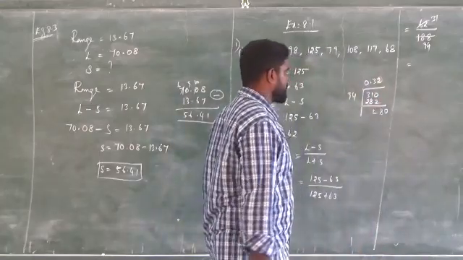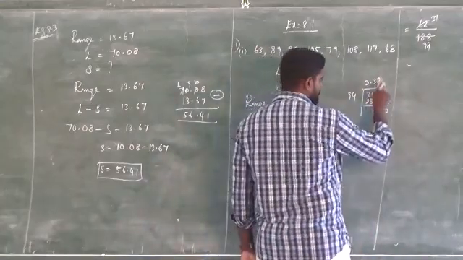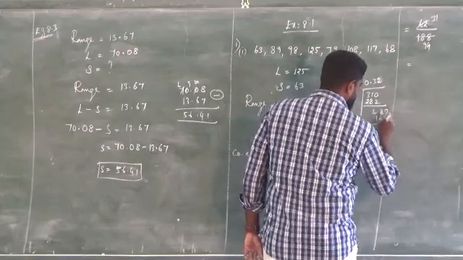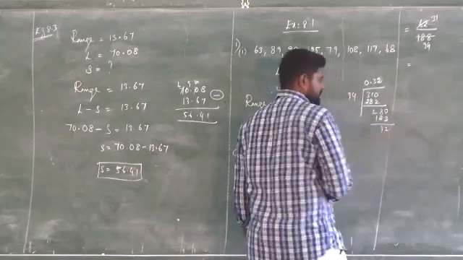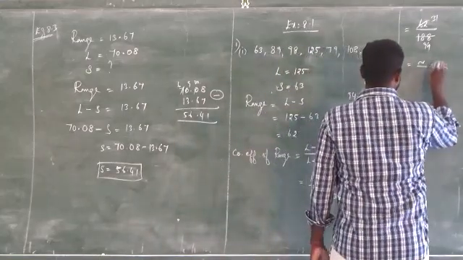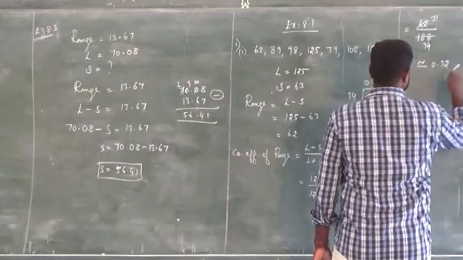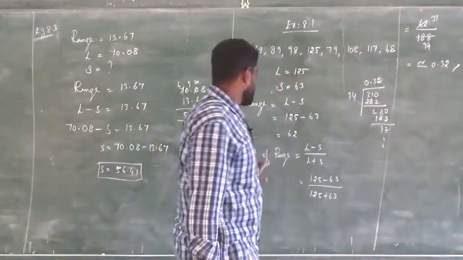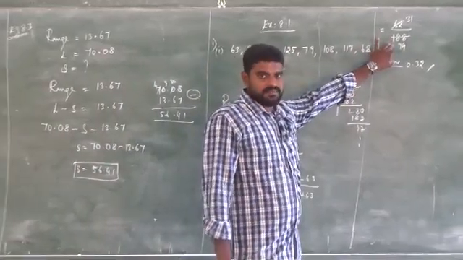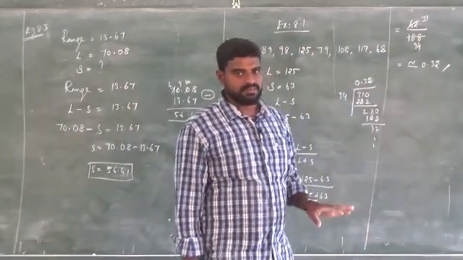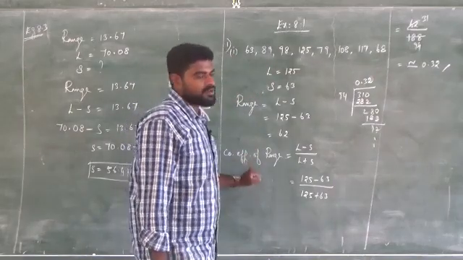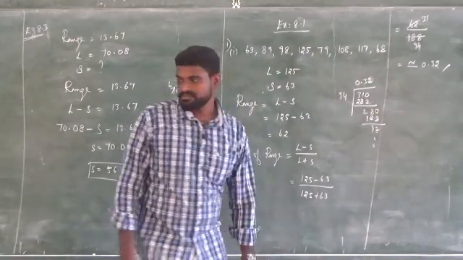So approximately it becomes 0.32. 2 4s are 8, 2 9s are 18, so it goes on. Approximately we can write 0.32. You know that for coefficient of range we should not write the value as a fraction. That value must be in decimal. First find the range, after that find the coefficient of range.